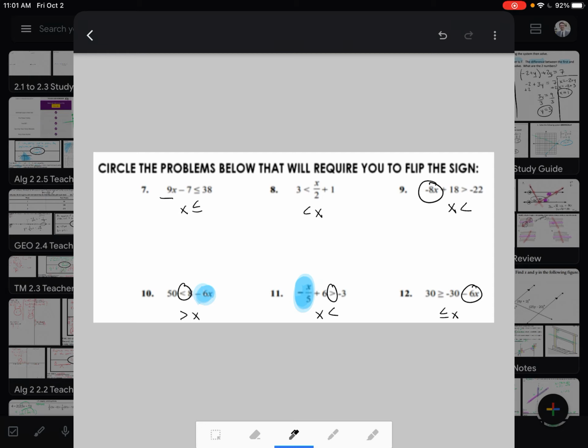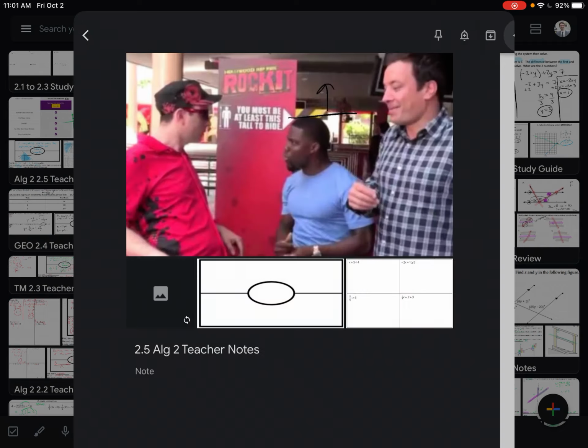A second thing to note with flipping the signs, make sure your x stays on the right if it starts on the right, and then it stays on the left if it starts on the left. Otherwise, flipping your sign is going to get a little bit more confusing, so just be careful with those steps. But the big idea here is whenever you see a negative that applies to your variable, that will end up with flipping or changing the inequality sign.